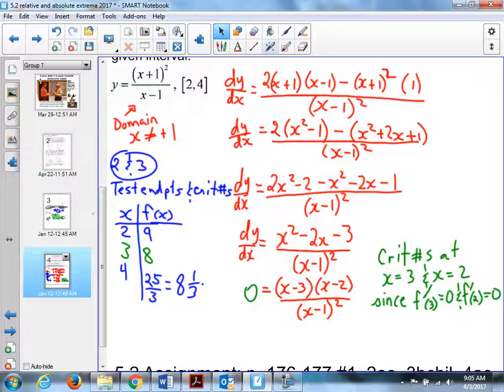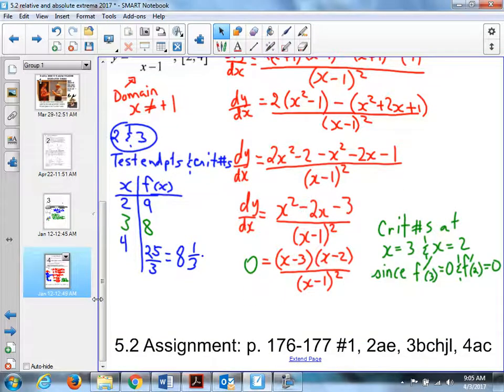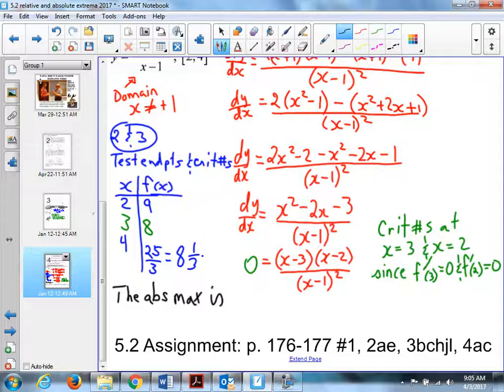So your last thing is to make a statement. And I'm going to want a statement, okay? The critical number, our statement will be, now you can use ABS for me, the absolute max instead of maximum. What is the absolute maximum value from this list? 9. Say it's 9, you know. It isn't 2. It occurs at 2, comma 9.